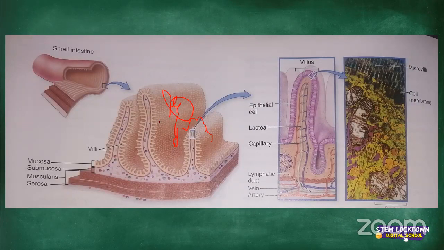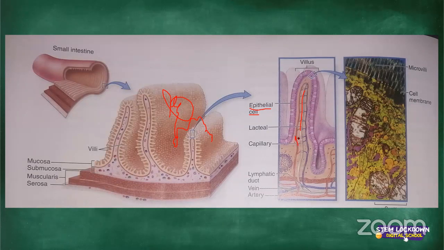This is where absorption of nutrients takes place. So basically absorption of the digested food. What we have at the villi, here is a close-up. We have epithelial cells, which are usually referred to as columnar epithelial cells. We have your lacteal, which is there. And we have your capillaries, right there.